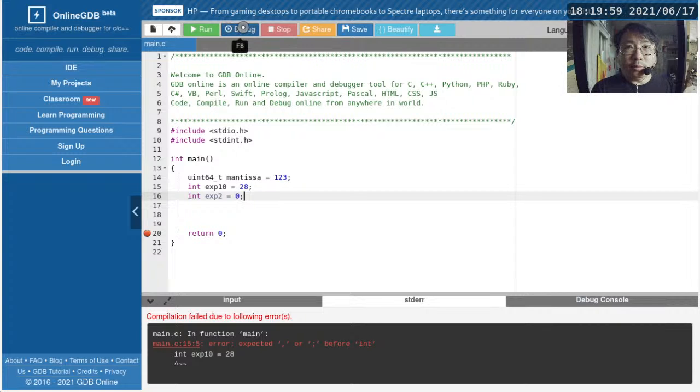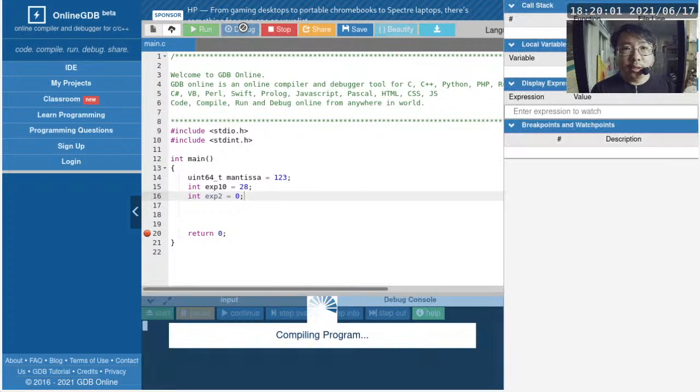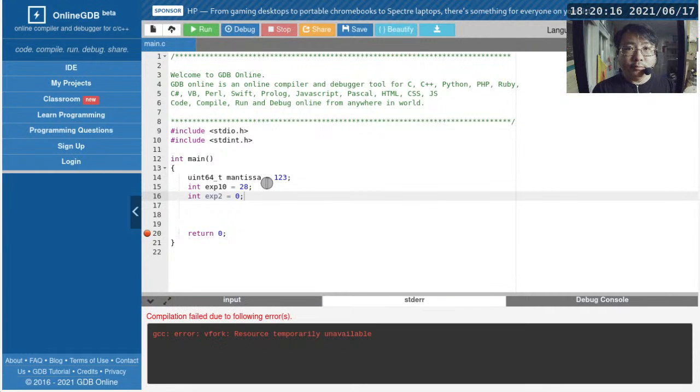Alright, let's do that one more time. Debug. Alright, so this time it does compile. The question is, do I still have access to the local variables in main? It says resource. It doesn't like it.